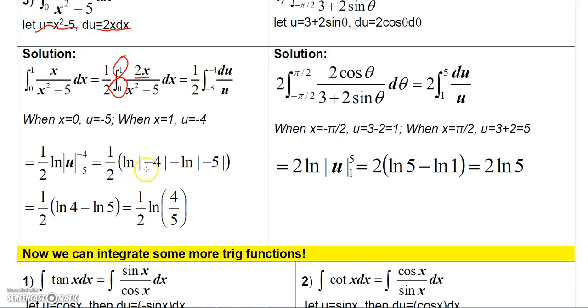So I get natural log of the absolute value of -4, then minus evaluated at -5, so I get minus natural log of the absolute value of -5. And since those absolute values are positive, I'll just get 1/2 times the natural log of 4 minus the natural log of 5. And if you wanted to, you could use your log properties to write that natural log of 4 minus natural log of 5 as natural log of 4/5.